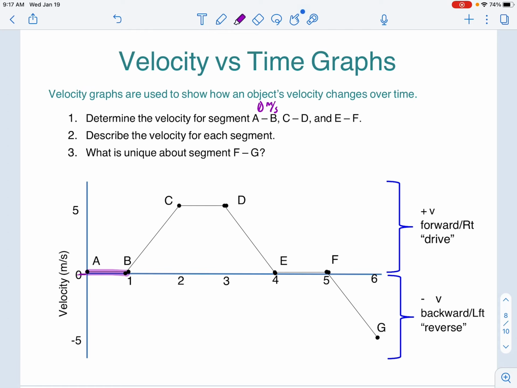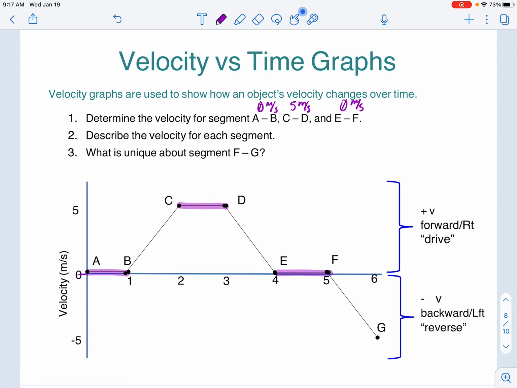Then I'm asking you for the velocity for segment CD, and once again, this is a steady or constant velocity, so I look over to the y-axis because that's where my velocity is located on this particular graph, and so that is going to be 5 meters per second. Then it's asking me for my velocity for segment EF, and so once again, this is going to be located at the 0 mark for my y-axis. So I once again have a velocity of 0 meters per second.